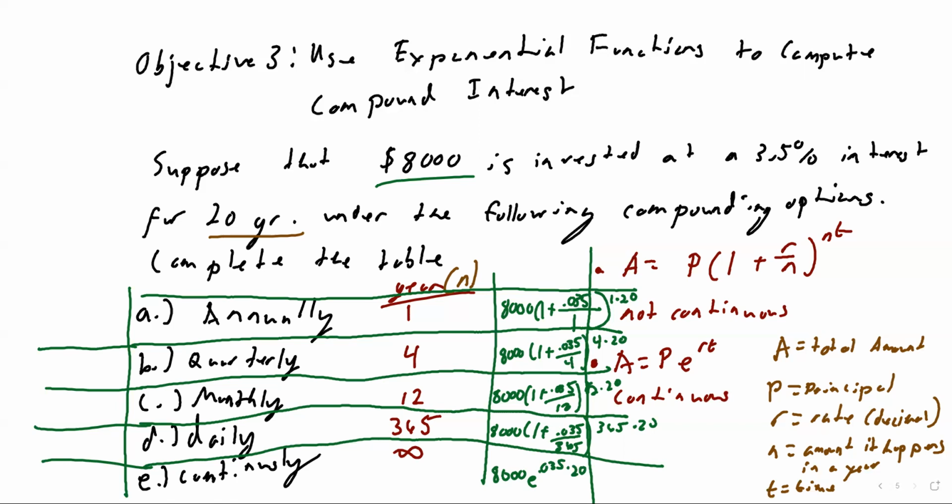I got 1.98. 3.5? Yeah, don't round. 0.035. Yeah. Rooftop 20. Good. We're not going to round until the very end because then we'll end up with the wrong answer.